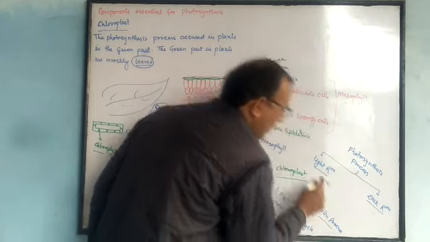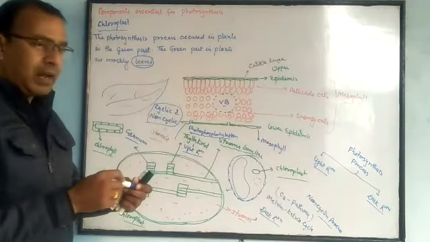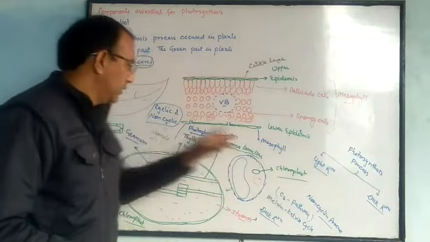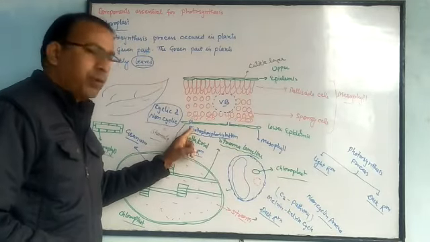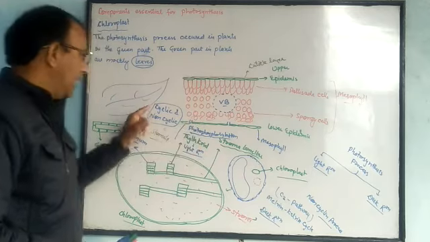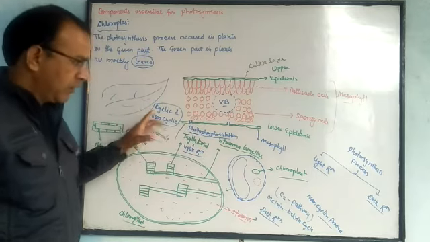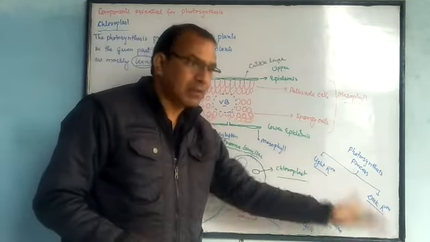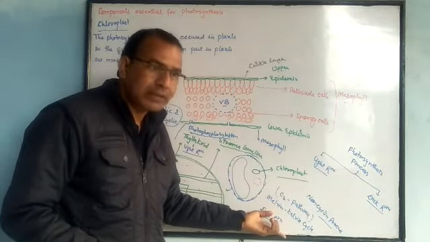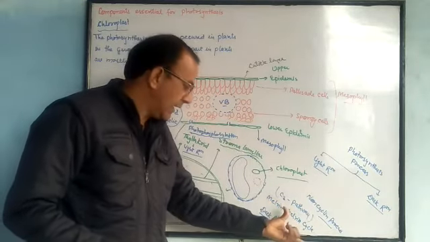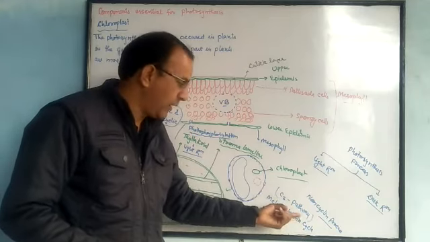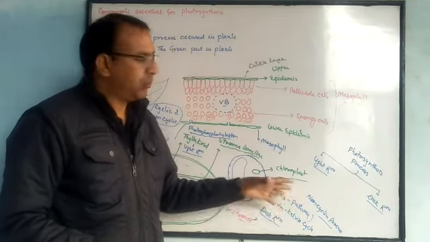This is the major difference between the light reaction and dark reaction. Light reaction always occurs in the thylakoid, is known as photophosphorylation, and is cyclic or non-cyclic, whereas the dark reaction was discovered by Melvin and Calvin, the Calvin cycle or C3 pathway, a non-cyclic process.